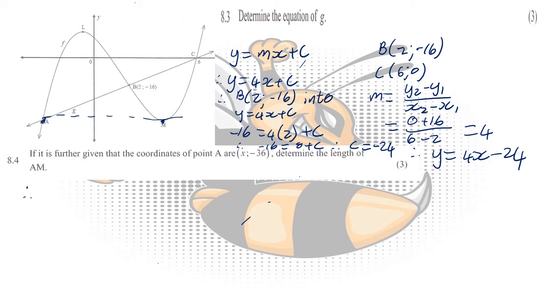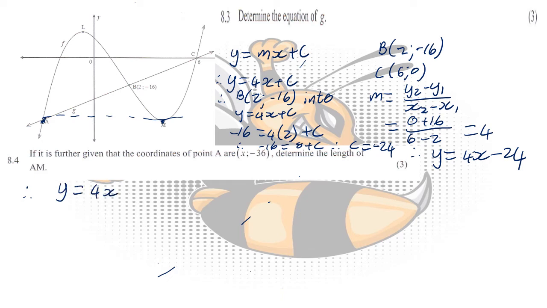So we need to find the x value of A first. Now A is a point on the cubic function and on the straight line, and we also know the y value, so we can take one of those equations, substitute in the y value, and find the x value. I'm going to use the straight line in this case because it's going to be simpler.